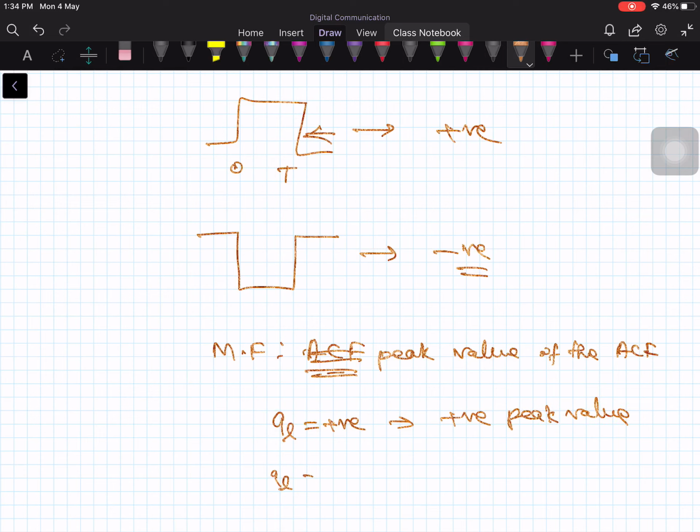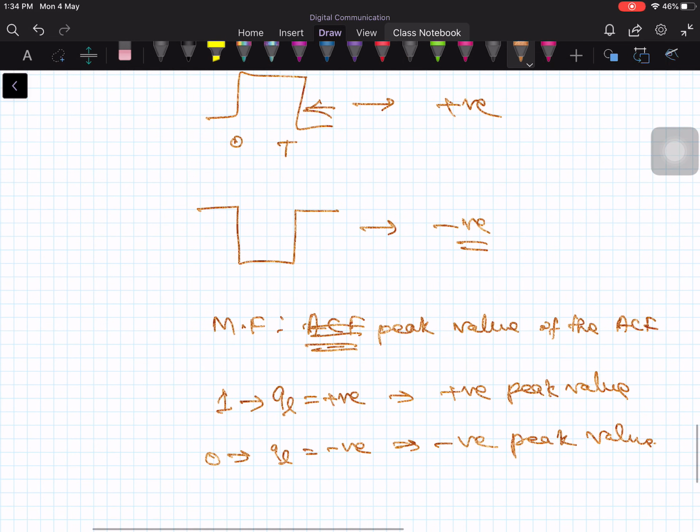If A_L is negative, that means if you are mapping 0 and this is mapping 1, then you'll get a negative peak value. So polarity will depend on whether A_L is positive or negative. So if you get a positive large peak, that implies, let's say, 1 is transmitted, and if you get a negative large peak, that implies, let's say, 0 is transmitted.